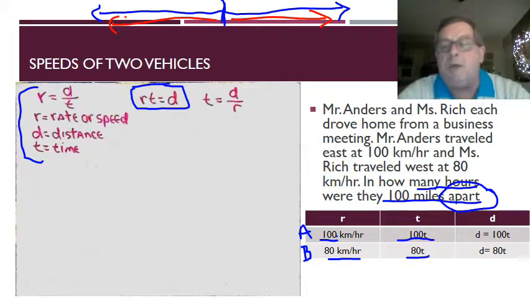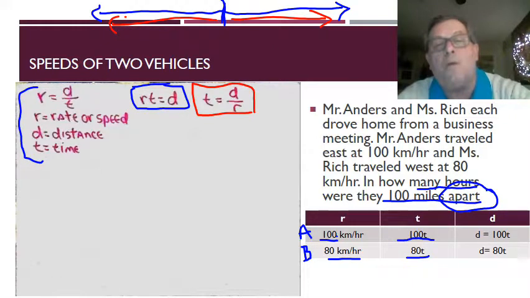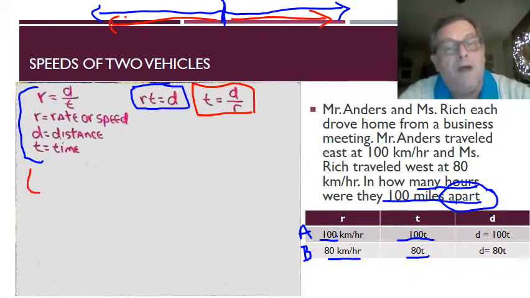So what I do know is that they are going to be 100 miles apart, and it wants to know how much time. So now I'm going to go back here and plug into this formula right here. So I want to find for time. I know my distance is 100 miles apart.